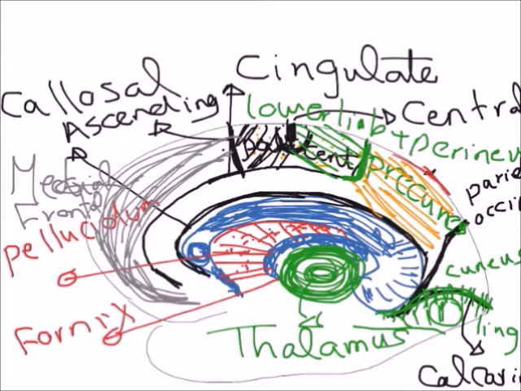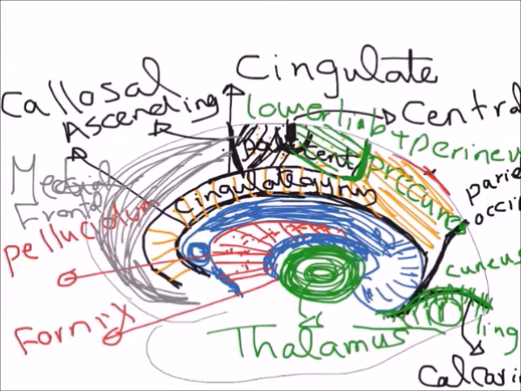Okay. What about this gyrus here, which extends between the callosal and cingulate sulci? This is called gyrus cinguli, or the cingulate gyrus. The cingulate gyrus is part of the limbic loop or the limbic system of the brain.